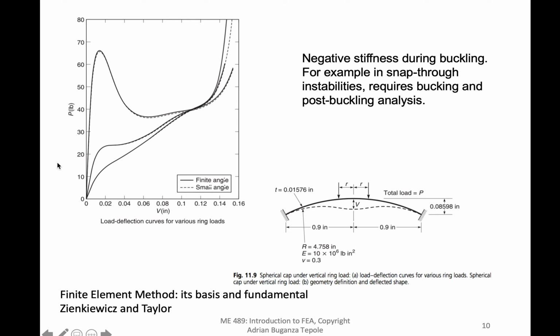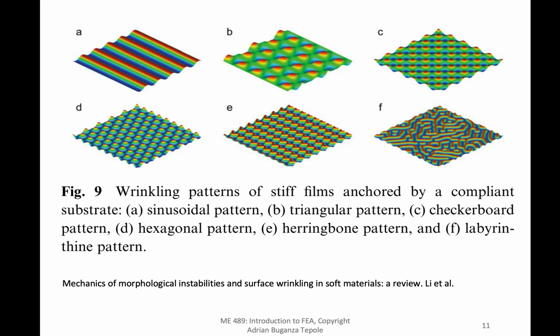You will find the solution up to this point, and then it won't work past this point unless you do a little bit of this buckling analysis. And I think this is the last slide. This is another type of instability that you can solve for if you're interested in wrinkling patterns. That's something that you can use Abaqus for. I'm going to stop right here, and I'm going to have part 2 of the video for some tips on how to select elements.